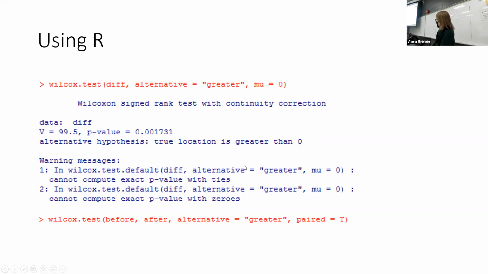And then say that we're testing the null hypothesis that mu, so the median, is equal to 0. And that gives us an approximate p-value of 0.0017. So that is in fact less than 0.005, which is what the table told us.